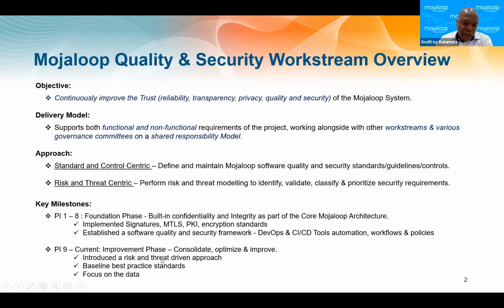From PI 9, we really started focusing on the risk side, as well as moving on to look at baselining against standards, and focusing predominantly on the data, because much of the architecture side and the software framework side was on the infrastructure connectivity as well as the software layer.